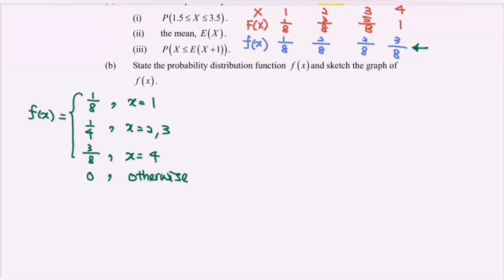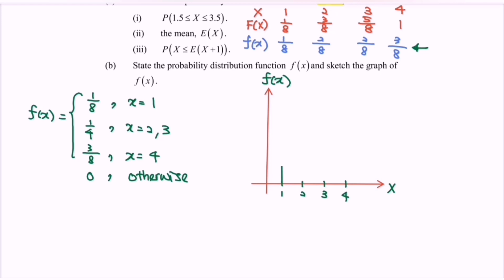Next is to sketch the graph. We have f(x), and then here we have the random variable. So here we have mentioned 0, 1, 2, 3, and 4. So if x equals 1, the probability will be 1 over 8.